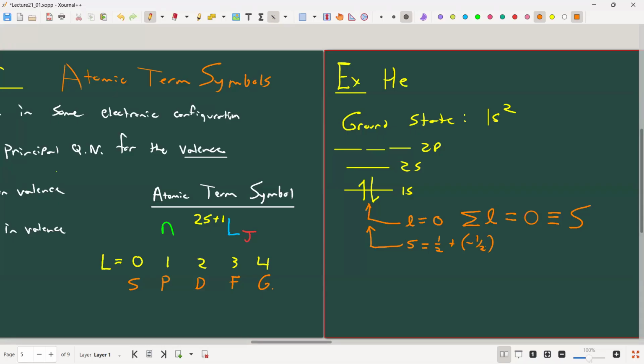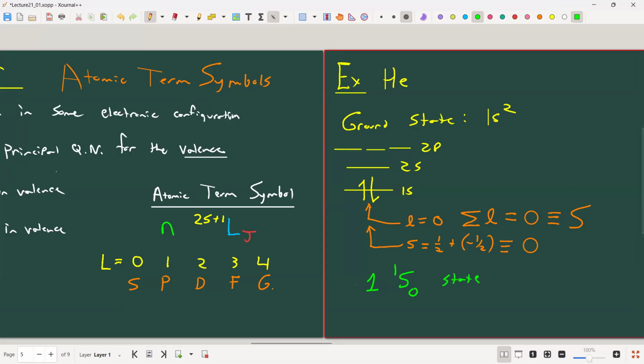The spins cancel, so the total spin of this system is 0. Now we have all the terms we need. The 2S plus 1 is 1 because S is 0. L is 0, so this is 1S, and J is 0 plus 0, so J equals 0. This is the 1S0 state.